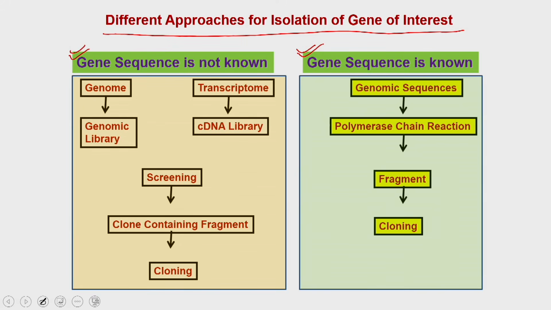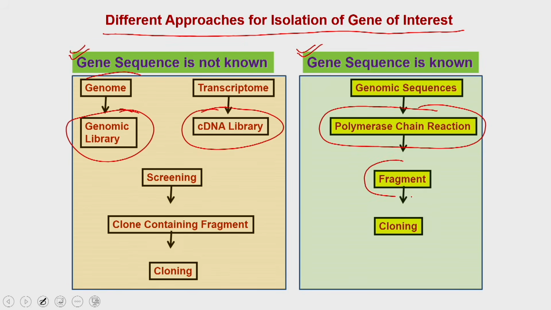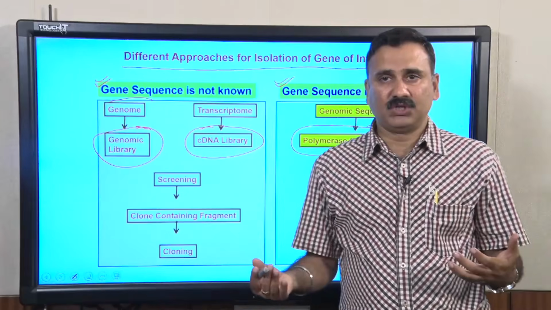When the gene sequence is not known, you have the flexibility of using the genomic library or the cDNA library, and subsequently you will get the desired gene fragments, which can be subcloned and used for downstream applications. Similarly, if the gene sequence is known, you can use PCR as a technique to get the DNA fragments, and then these DNA fragments can be cloned into expression vectors for downstream applications.